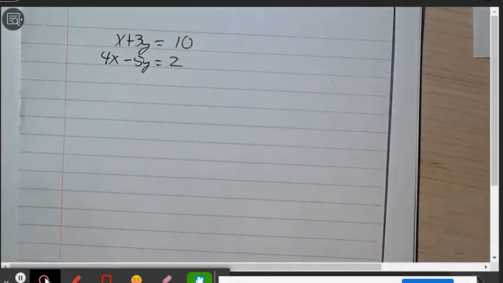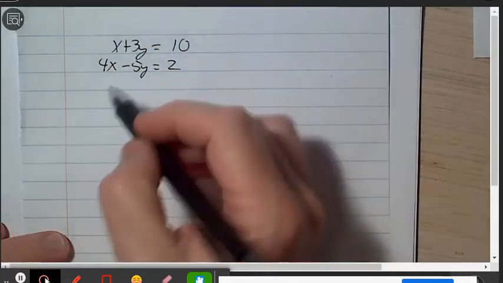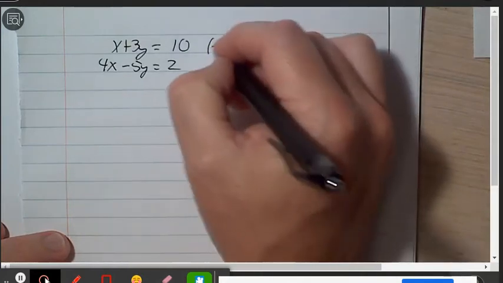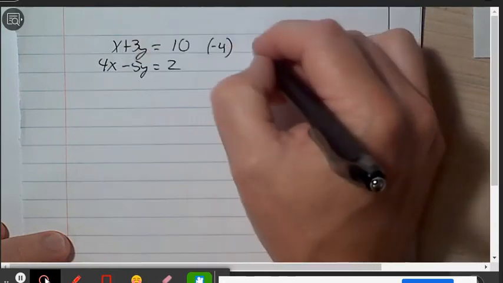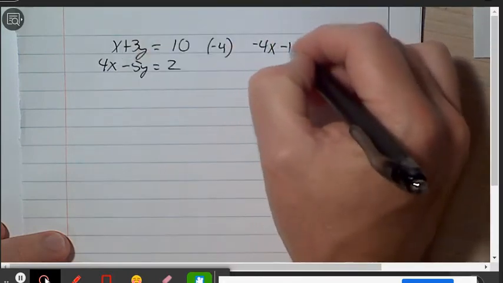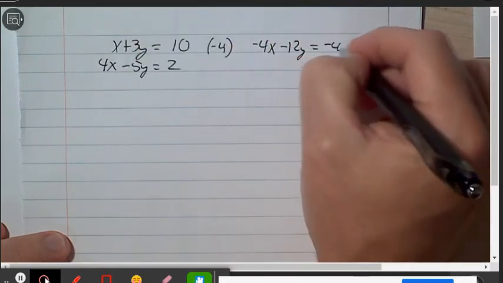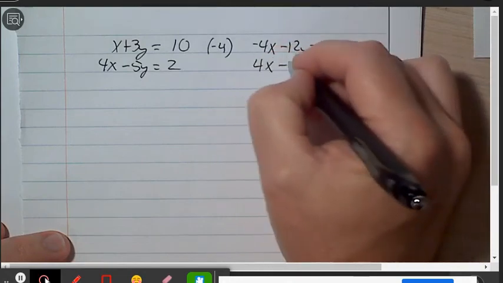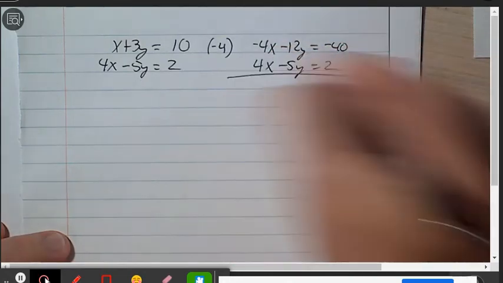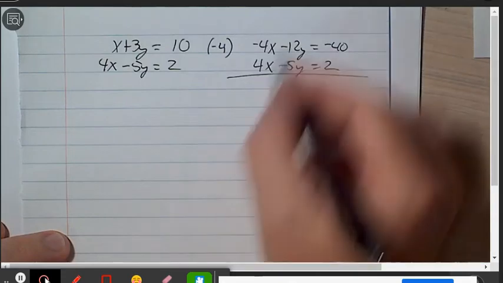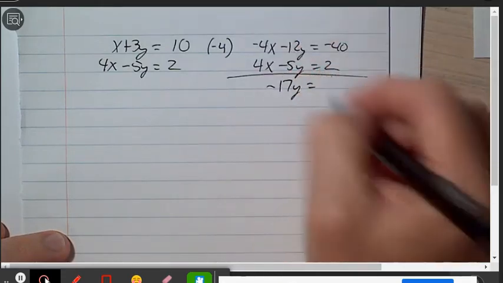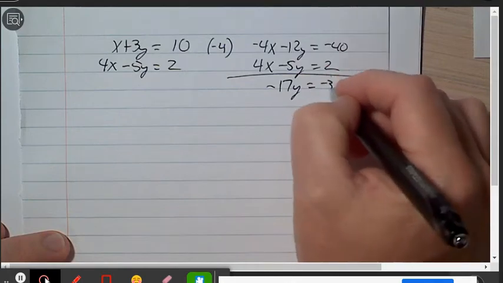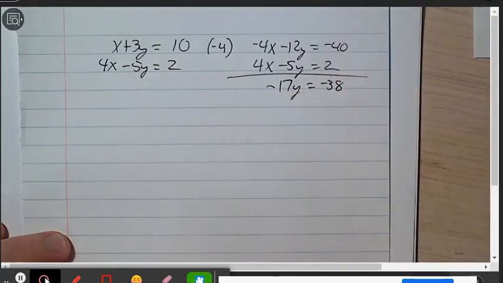If you had a system like this, you could take the top row here, multiply it by -4, and then you could add these 2 equations together. Okay, so then that would knock that out. You get -17y would equal -38, and then you could solve for y from there.